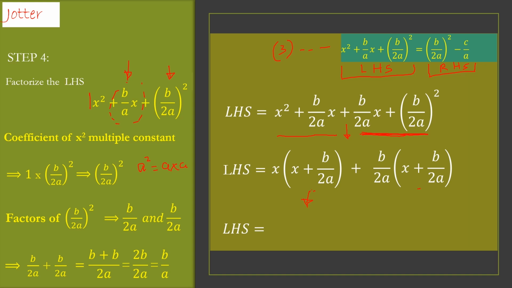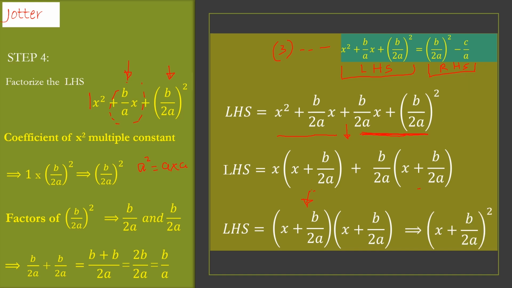We are factorizing it, so we have x plus b over 2a, and this will give us x plus b over 2a squared. That puts the left hand side into a square bracket, and that was the beauty of what we did in step 3.